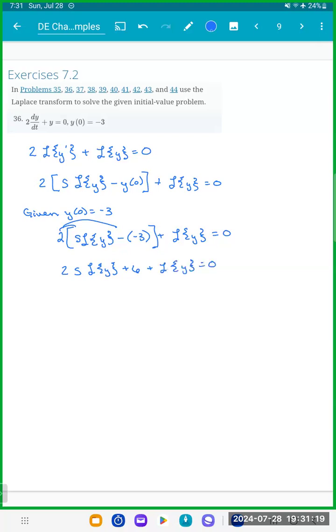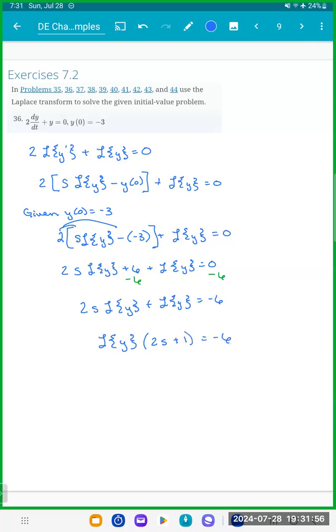What we'll do here is get that 6 on the other side, and that will leave us with 2s times the Laplace of y plus the Laplace of y equals negative 6. We can factor out the Laplace transform here times 2s plus 1 is equal to negative 6.